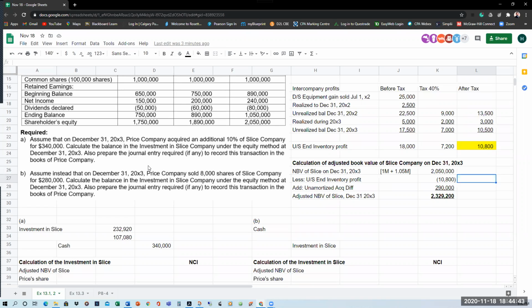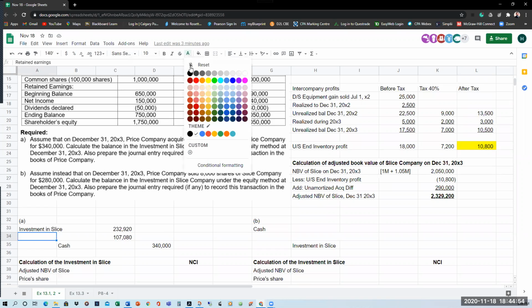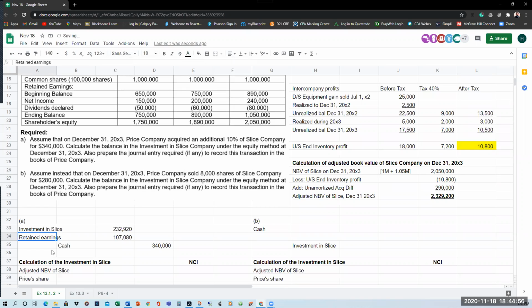So the treatment here will be similar. If you have the debit difference, then that debit difference will go through retained earnings. So our friend Price is going to debit retained earnings for the extra cost of buying those shares. All right, so that's the journal entry.